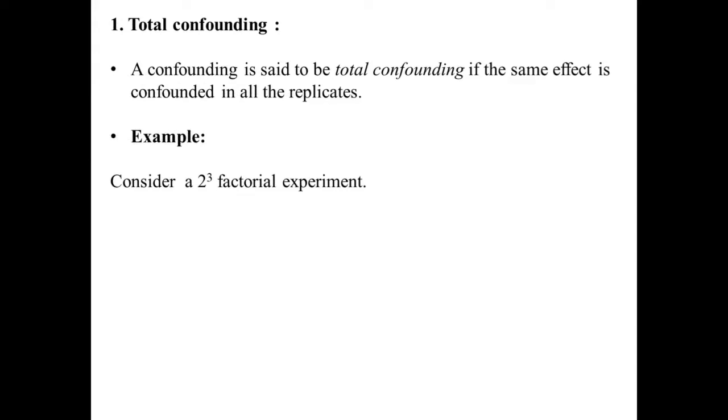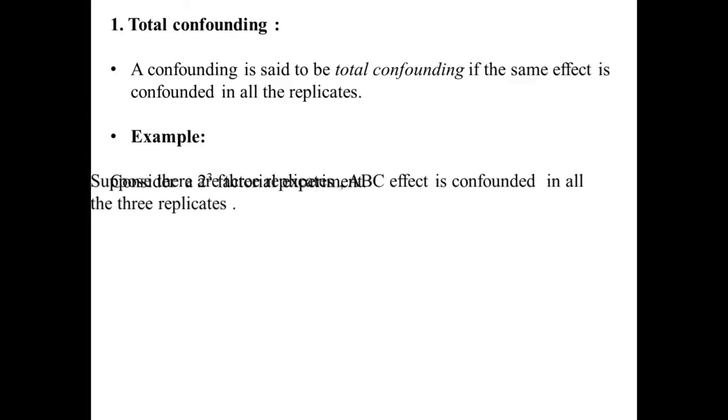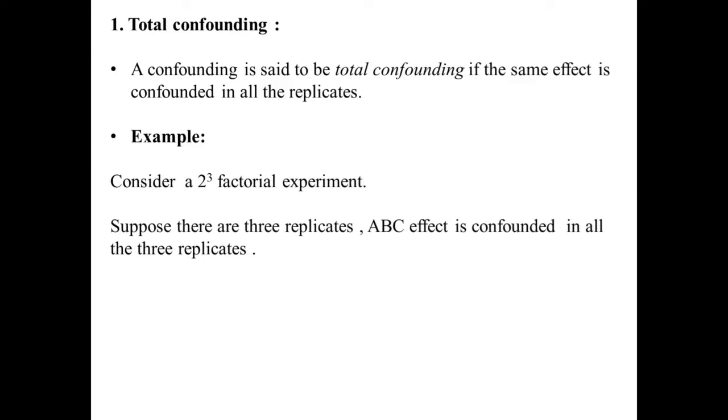So what is total confounding? Let us discuss one example. Suppose we consider a 2 cube factorial experiment. In this experiment we get 8 treatment combinations. Suppose we consider 3 replicates in this experiment, and we confound our ABC interaction effect in all the 3 replicates.